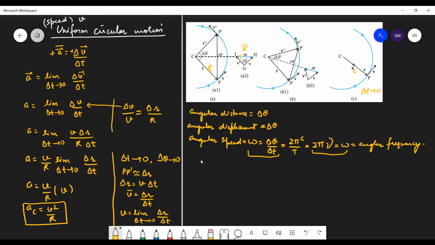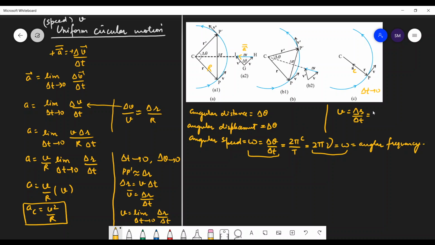So that's the point. Now what is the linear speed? Linear speed v equals delta s by delta t, and this delta s, the length of this arc, is equal to r delta theta.